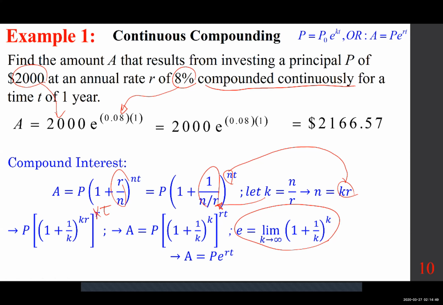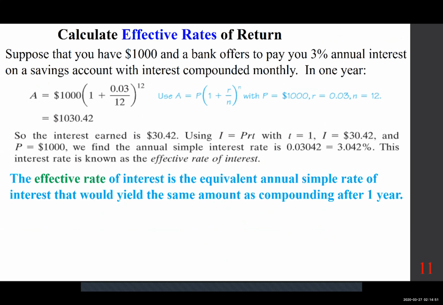The next thing I want to look at is the idea of effective rate. So I want to explain what's an effective rate. Effective rate, ultimately, means the interest that happens in 1 year if you take it to be a simple interest. So in this example, it's going to get compounded continuously. We know the formula A equals P times 1 plus R over N to the power of NT, and you replace it accordingly.